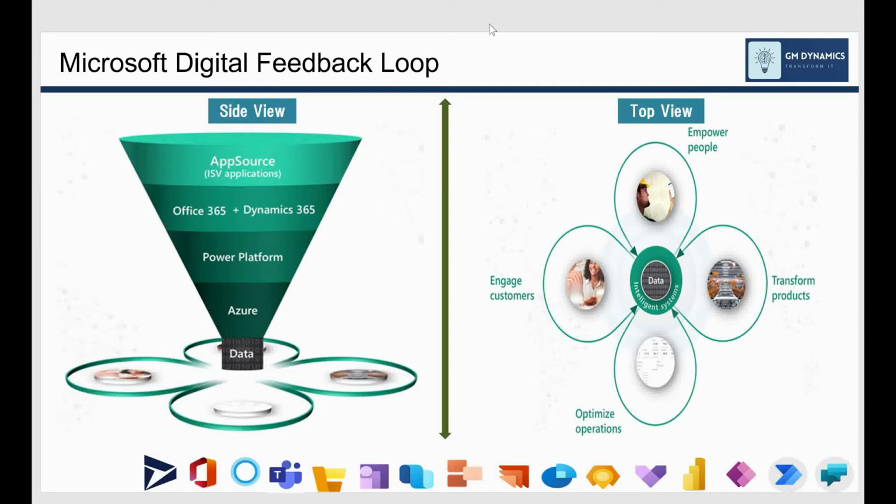Now the Dynamics 365 is part of the Microsoft Digital Feedback Loop. What exactly is the Microsoft Digital Feedback Loop? In this picture, I am representing it in the side view and the top view. All the feedback loop revolves around these 4 features: empower people, transform products, optimize operations, engage customers.